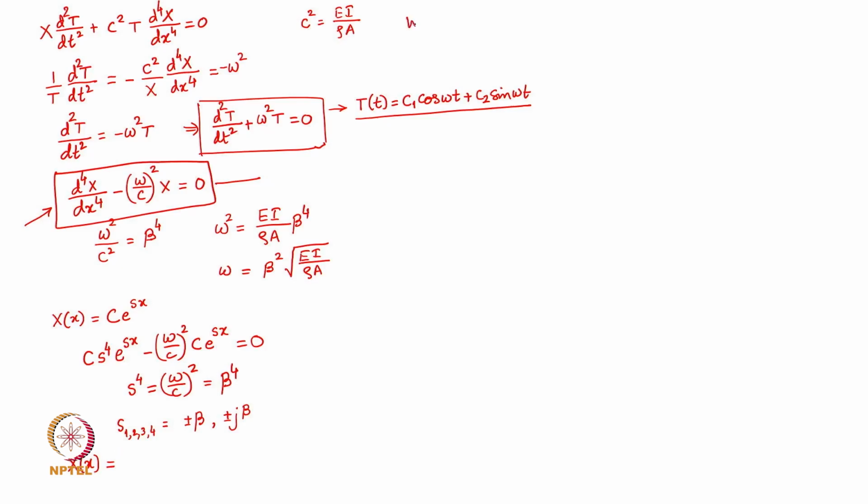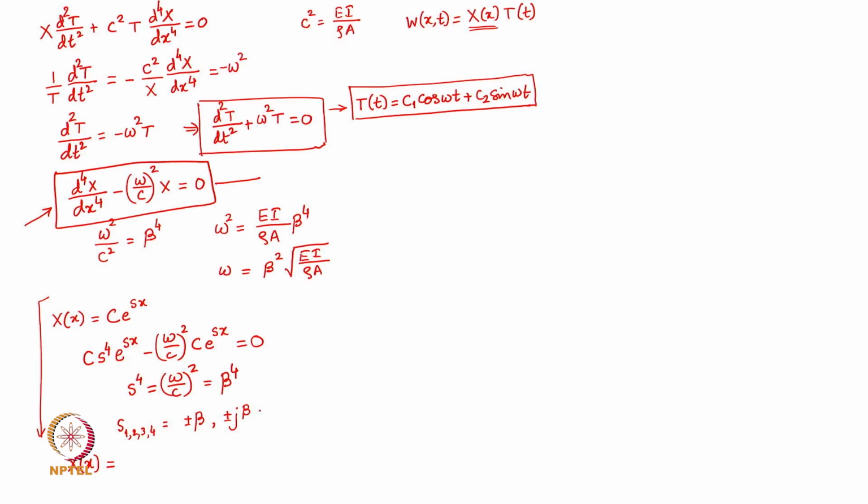Please make a note, we have assumed W of x comma t to be capital X, a function in x only, and the product of function in x and function in time as the method of separation of variables, out of which we have already got the expression for capital T as a function of time, and this particular function is something which we are trying to get, and this exactly is the approach to get the general solution capital X.